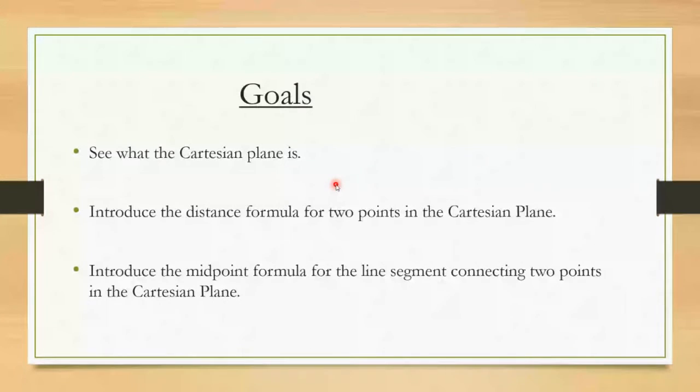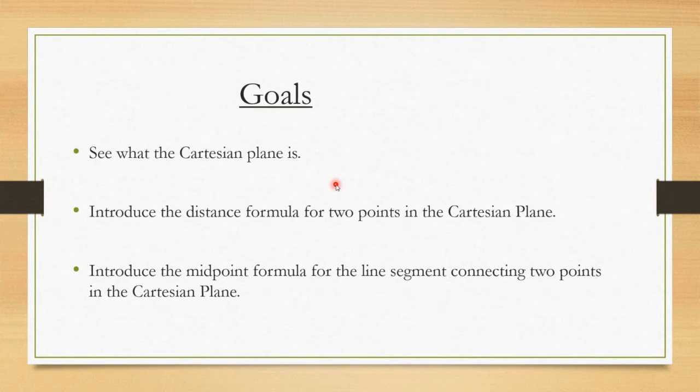In fact, we're going to see the distance formula for 2 points in the Cartesian plane. In other words, we're going to see the formula for calculating distance between 2 points in the Cartesian plane.